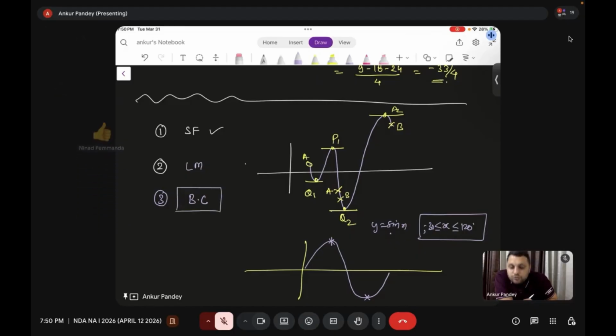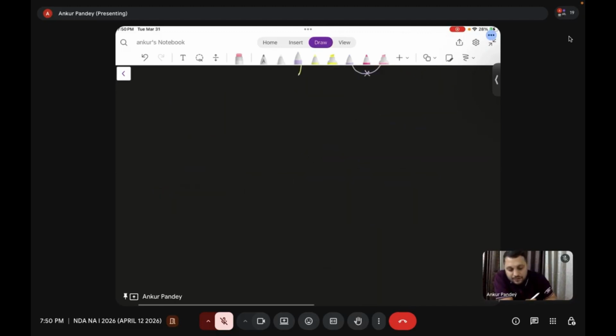Important and confusing: boundary condition. Hard note.